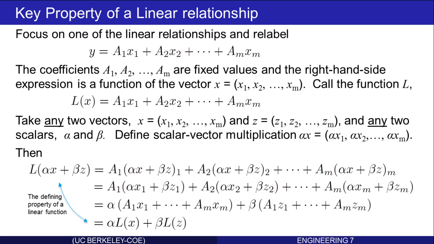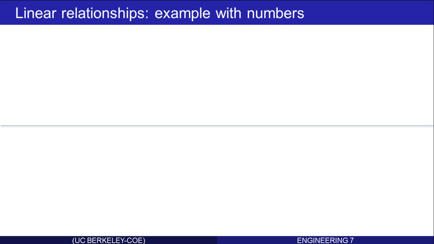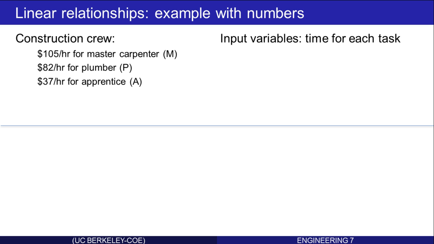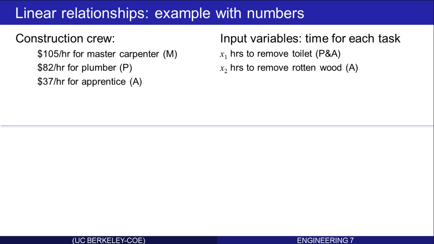Let's talk about some linear functions that you can work out in more detail in the quiz. Suppose I have a construction crew, $105 an hour for the master carpenter, $82 an hour for the plumber, and $37 an hour for the apprentice. And there's a task of replacing a toilet, and the input variables are the time for each task. X1 hours to remove the toilet, that involves the plumber and the apprentice. X2 hours to remove the rotten wood, that's just the apprentice.